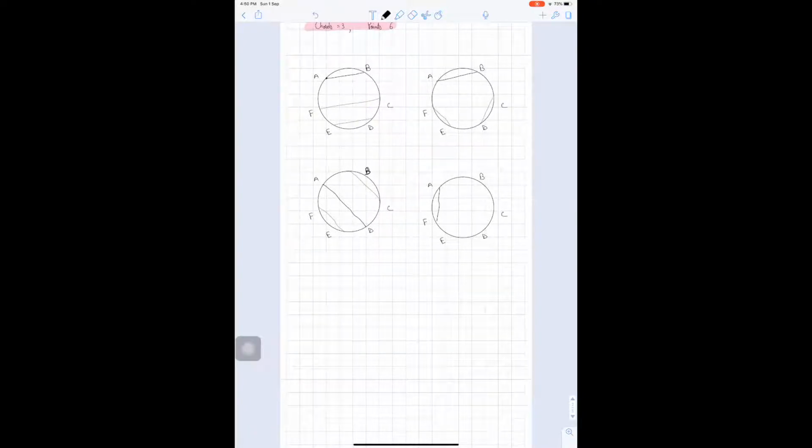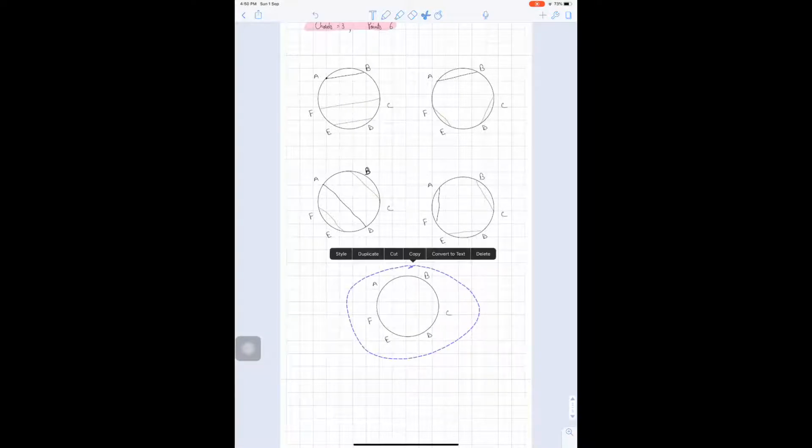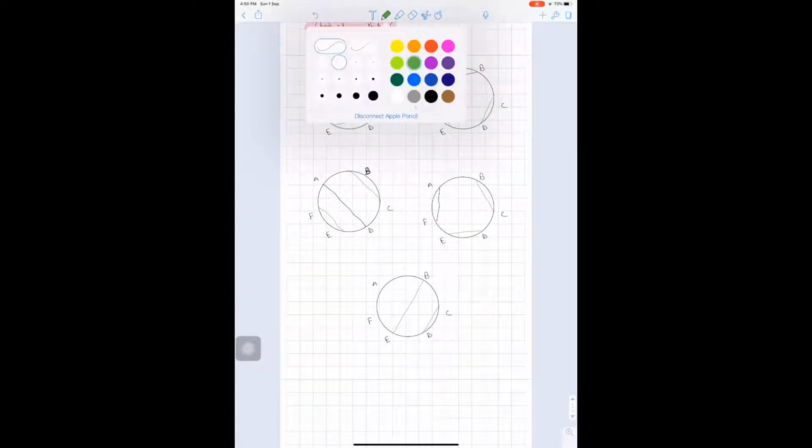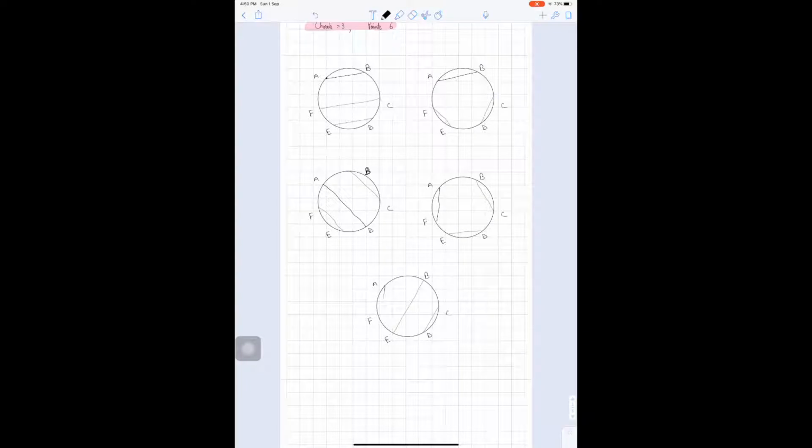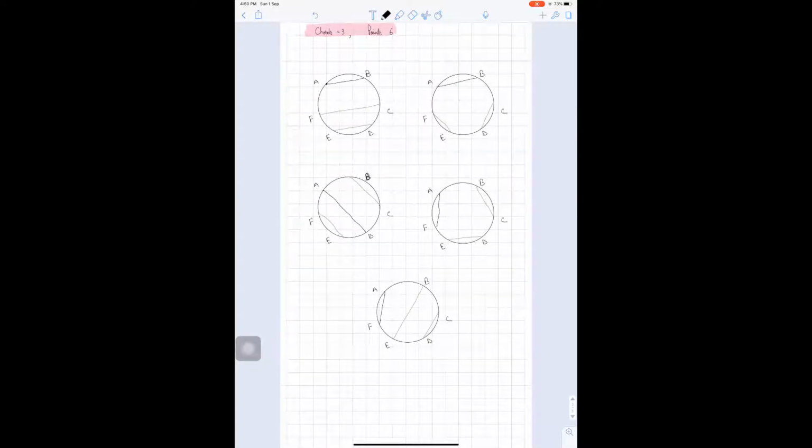So B can be joined with C and E can be joined with D. And what's the other one? B can be joined with E, C can be joined with D. So this is our brute force approach, and the solution we have got is 3.